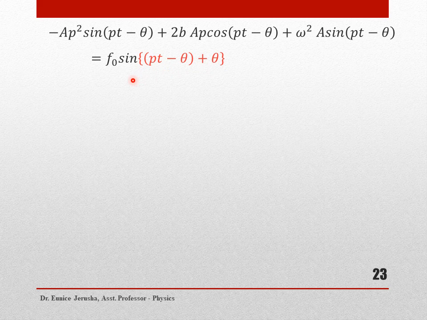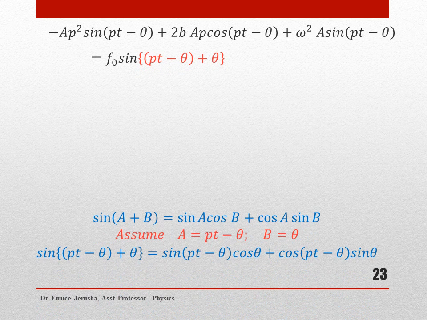We therefore have sin(a plus b), and we know the full form of sin(a plus b), which is sin a cos b plus cos a sin b. Substituting appropriately for a and b, we have sin(pt minus theta plus theta) as sin(pt minus theta) cos theta plus cos(pt minus theta) sin theta.